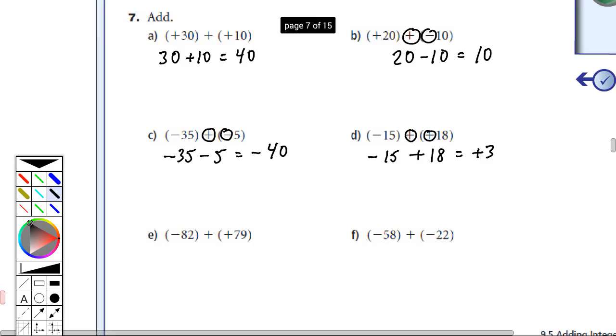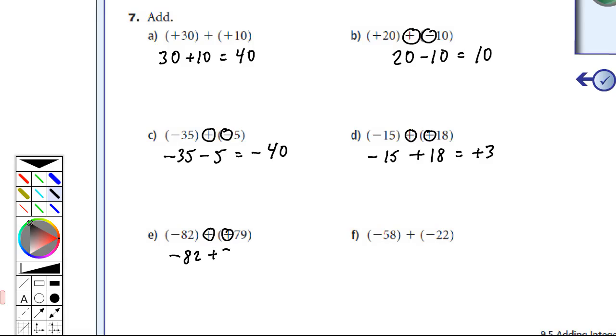The next one, minus 82 plus 79 will be plus 79, which will leave me with minus 3. And the next one, minus 58 plus minus 22 will be minus 22, which will be 58 minus another 22, so that will be 68, 78, minus 80 in total.